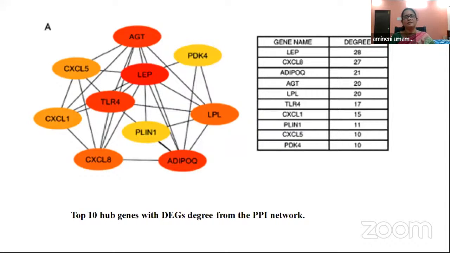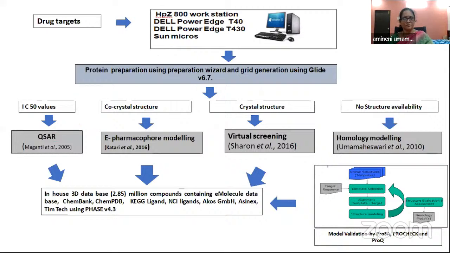Among these 12 parameters, if the differentially expressed genes have a score of more than 6, meaning a minimum of 6 parameters are satisfied, then only we will consider them as drug targets. So with this, we have the drug targets from the phenomic data and also the transcriptomic data. So the first step is over, target identification.